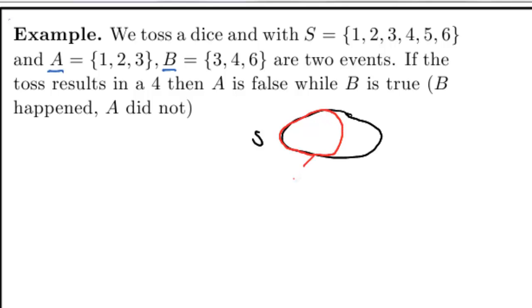And when we make a blob for event B, it's important that it overlaps A, as they have one element in common, namely 3. And it's also important that B doesn't cover the rest of S, as there is one element which is in neither A nor B, namely 5. In this case, we tossed a 4, which is in the event B. So B happened, B is true, while A is false.